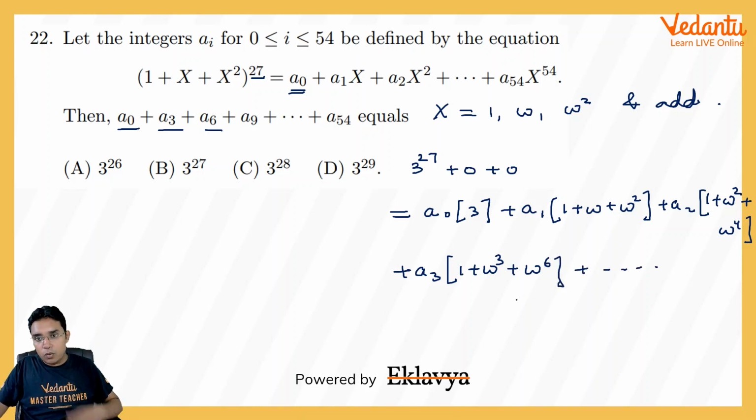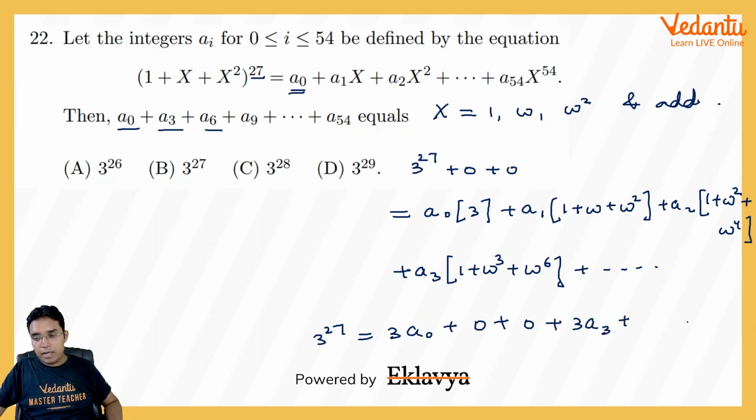So what you can notice here is that this 3 power 27 will be actually equal to 3a naught, then it will be 0, then again 0. Only those terms which are multiples of 3 will remain, the rest will be 0. So 3a3, then again 0, and then 3a6 and so on.